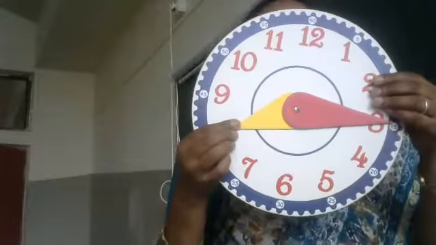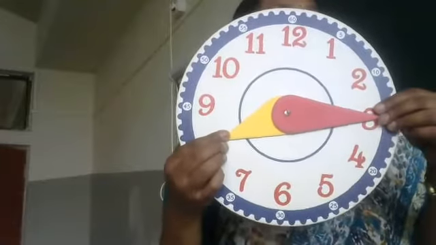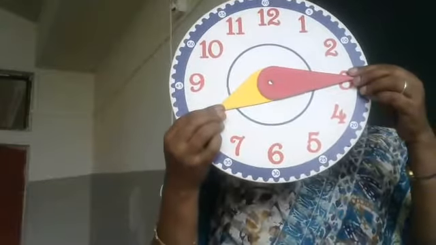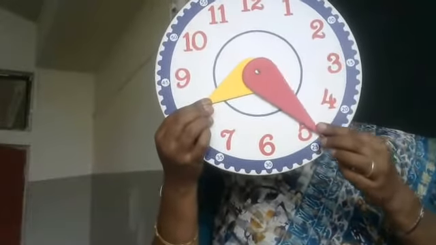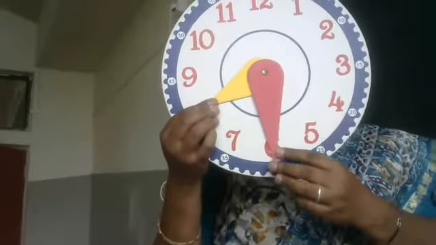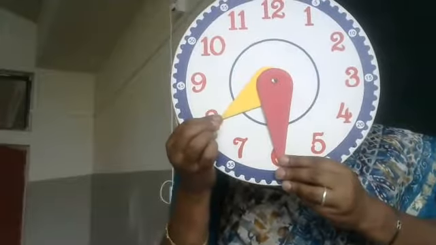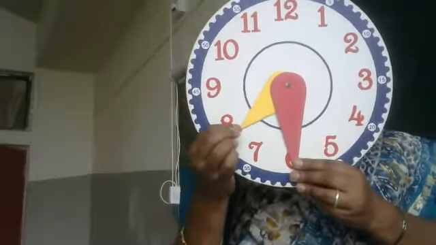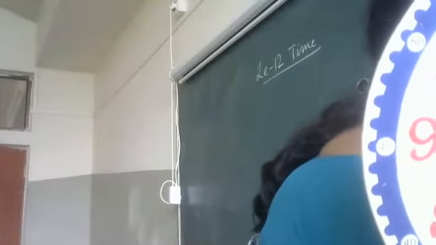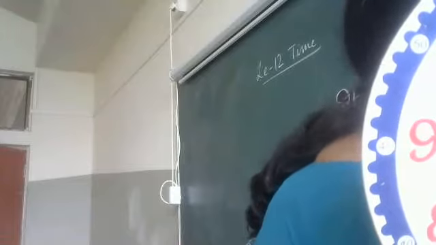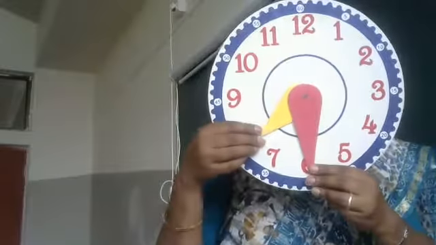Quarter past 8. 8:20, 8:25, 8:30. So the hour hand moves.